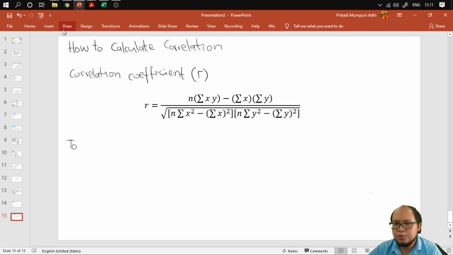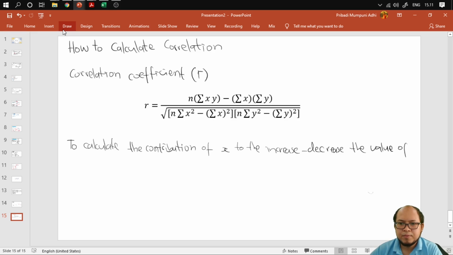So to calculate the contribution of x to the increase or decrease of the value of y, we use a coefficient of determination.